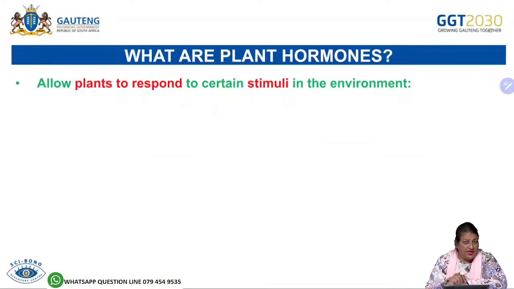In the human body, your ADH and adrenaline are produced in one part, but they have their effect away from where they are produced. They go to target organs. So animal hormones are regarded as true hormones, but plant hormones are not true hormones because they act in the part where they are produced.